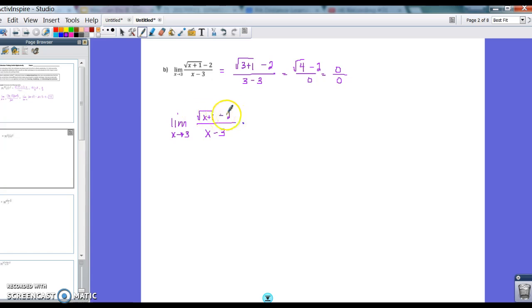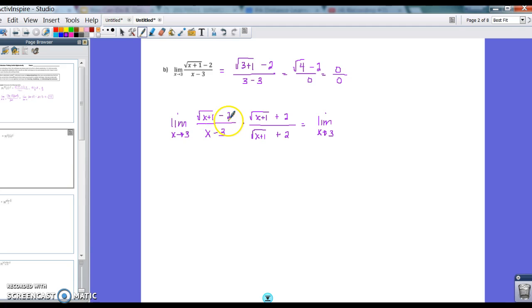We are going to multiply by the conjugate. So the conjugate would be square root of x plus 1 plus 2. Remember, the conjugate just changes the sign between the terms. And whatever I multiply the numerator by, I have to multiply the denominator by as well. When I do that, I end up with the limit as x approaches 3.